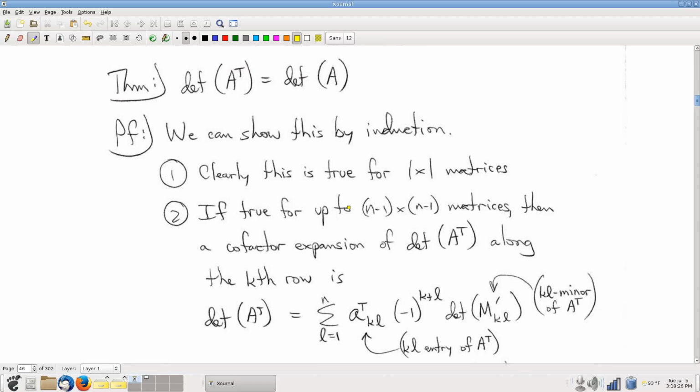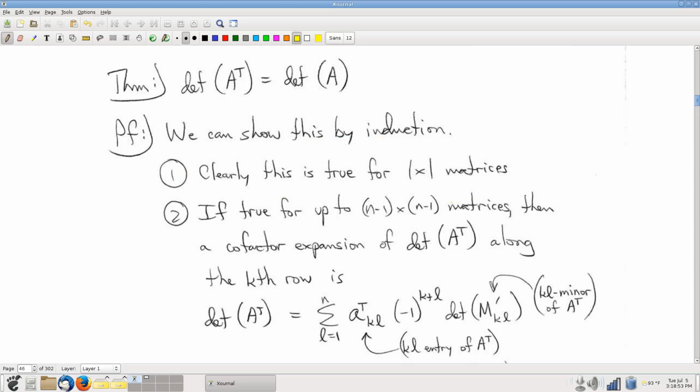We're going to do this proof by induction. The idea of an inductive proof is that we're going to start by proving the base case for a 1-by-1 matrix. Well, it's clearly true for a 1-by-1 matrix because the transpose of a 1-by-1 matrix is that matrix. So, of course, the determinant of this is equal to the determinant of that because, well, they're the same matrix.